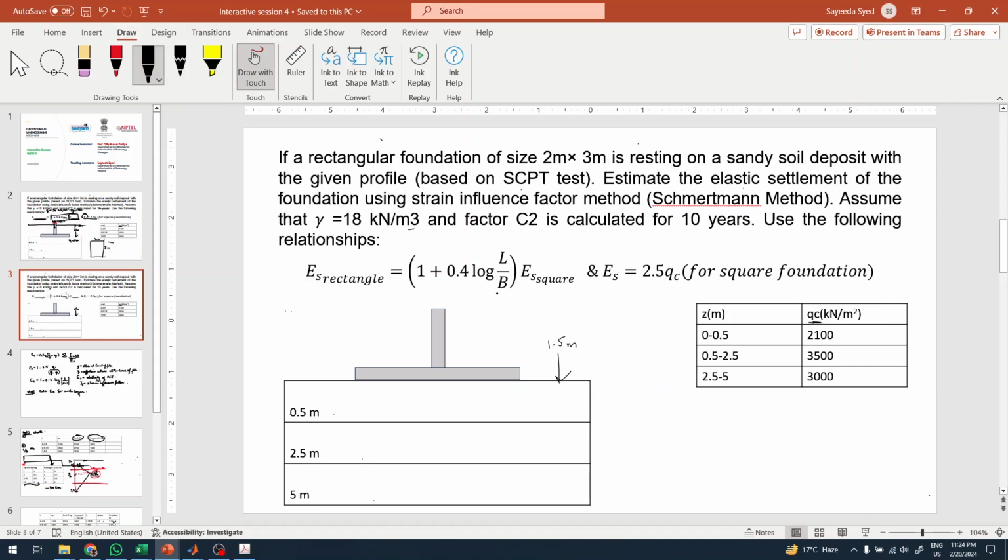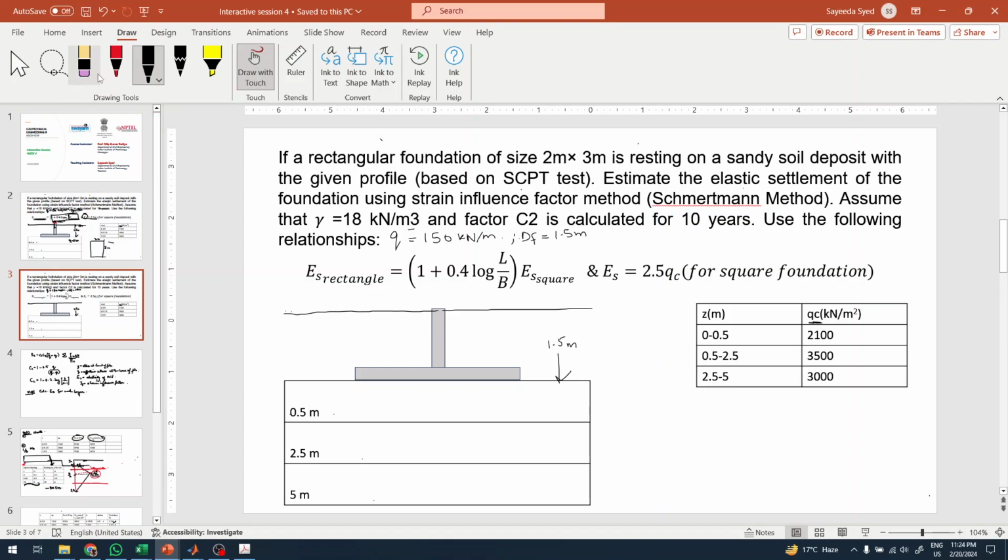Okay, so there are some things that I have forgotten to mention in the question itself, but the load Q is 150 kilonewton per meter and the depth of foundation is 1.5 meter.